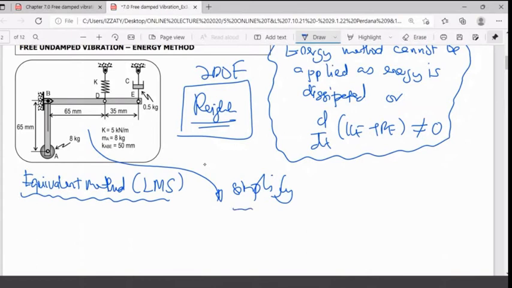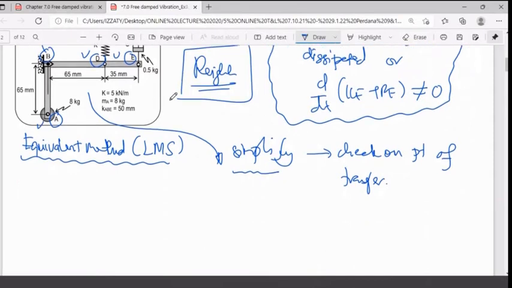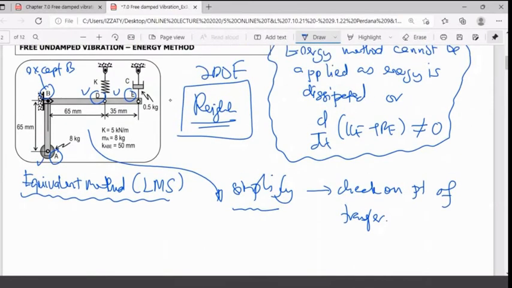Before simplifying, you need to check the point of transfer. You have A, D, E. So B cannot be a point of transfer, except for the rest, yes, yes, and yes. Let's compare, because at the end of the day you'll be getting the same result.